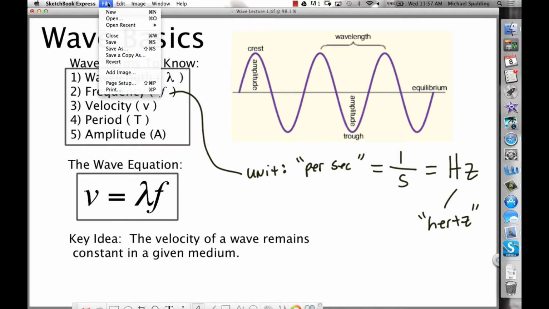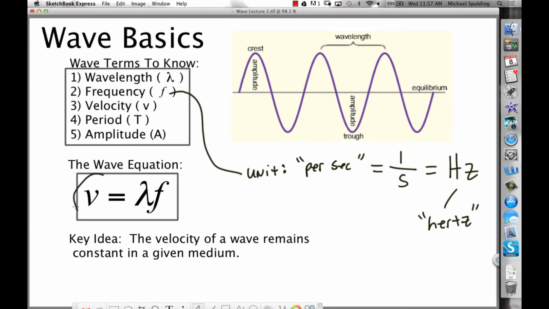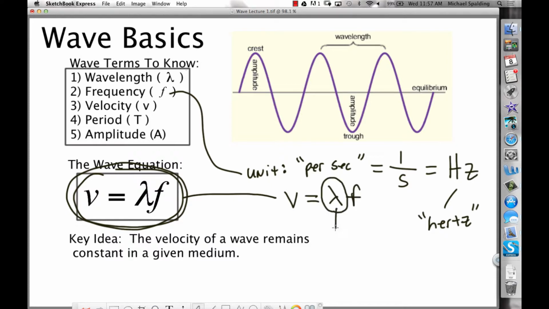Okay, velocity. Now, the velocity of a wave, let's look at this wave equation right here. The velocity of a wave is how fast the wave moves, but it can be found by multiplying the wavelength by the frequency. Now let me show you why. So velocity equals wavelength times frequency. What do we measure the wavelength in? Wavelength is measured in meters.